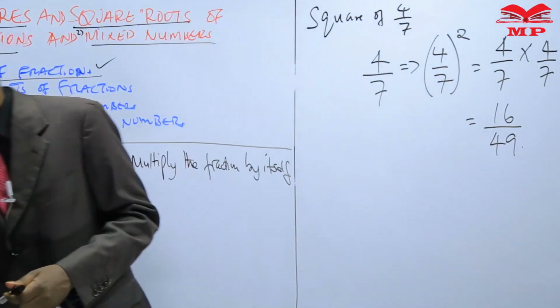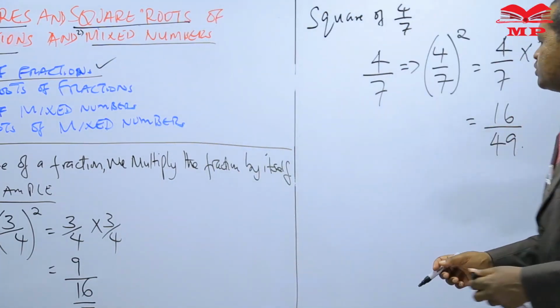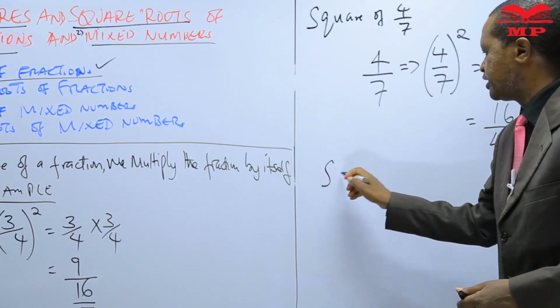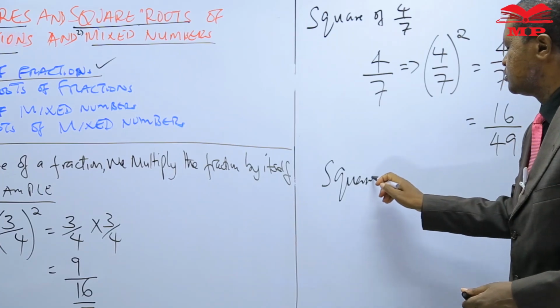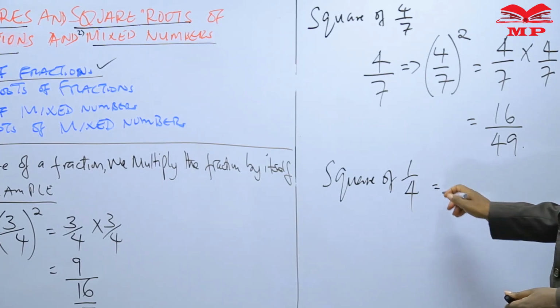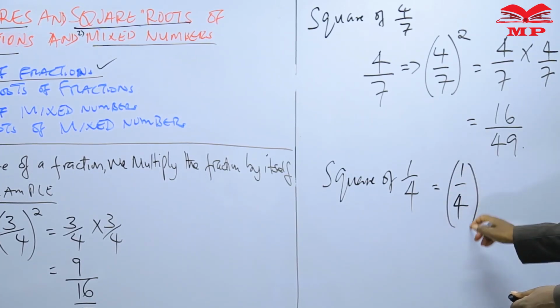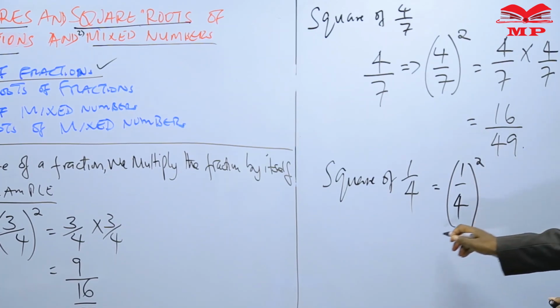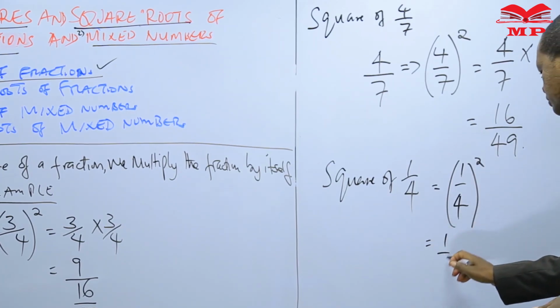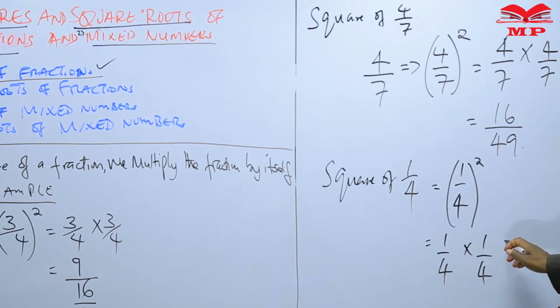Number 3, 1 over 4. What is the square of 1 over 4? The square of 1 over 4 is written as 1 over 4 raised to 2, which is equal to 1 over 4 times 1 over 4, which gives us 1 over 16.